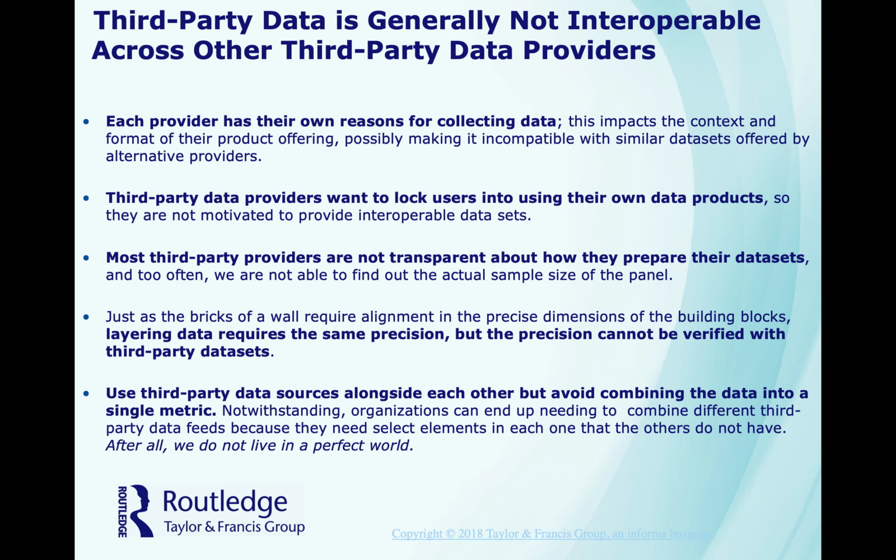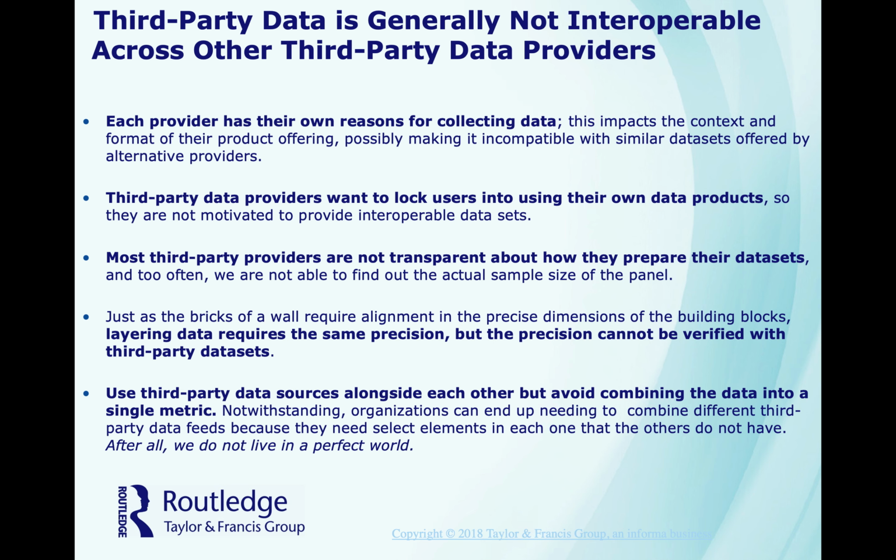Most third-party providers are not transparent about how they prepare their data sets. So too often, you are not able to find out the actual sample size of the panel. Just as a brick wall would require alignment and precision for the dimensions of building a wall, layering data requires the same precision, but the precision cannot be verified with third-party data sets.